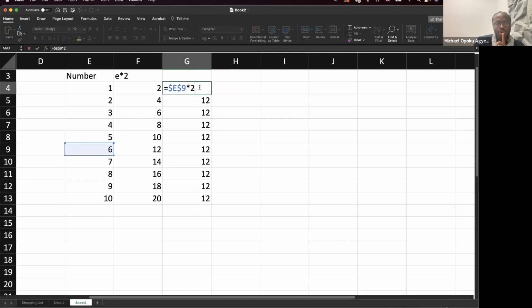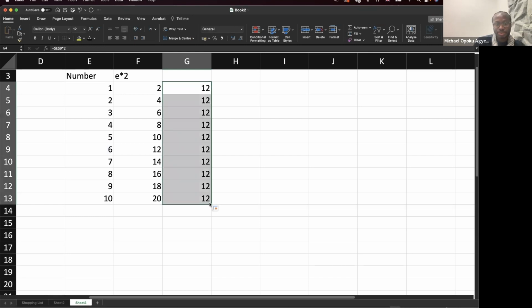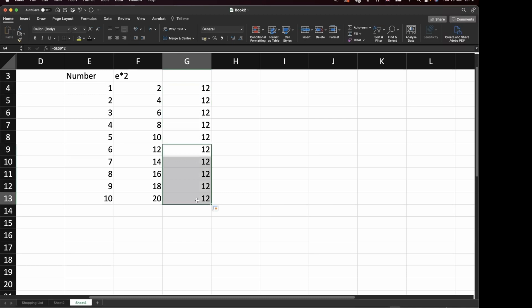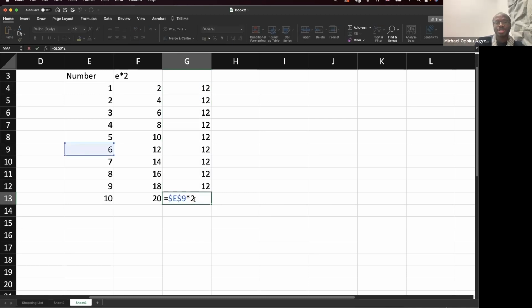So let's try something. I don't think it's correct. What's 6 times 2? 12. Do you think it's correct now? Well, everything is showing 12. Yeah, because when we put the dollar sign there, it won't change to the next cell.